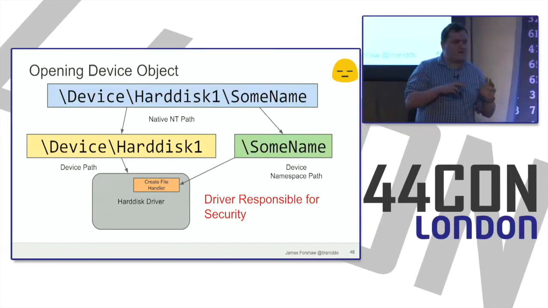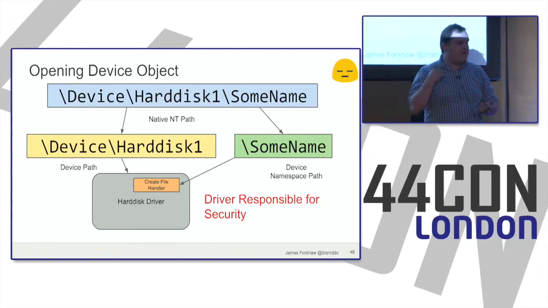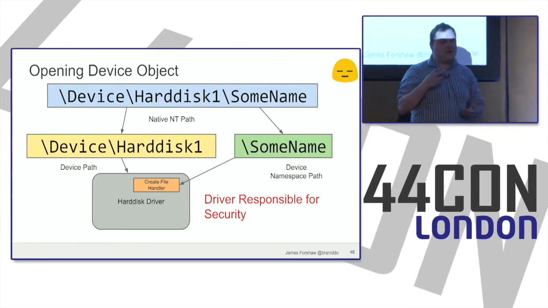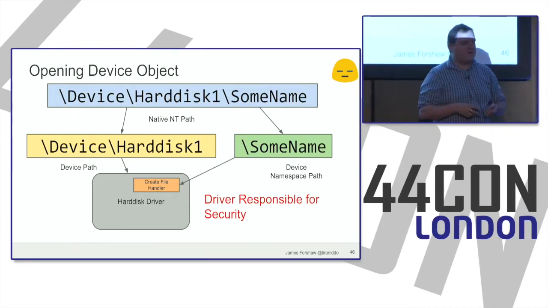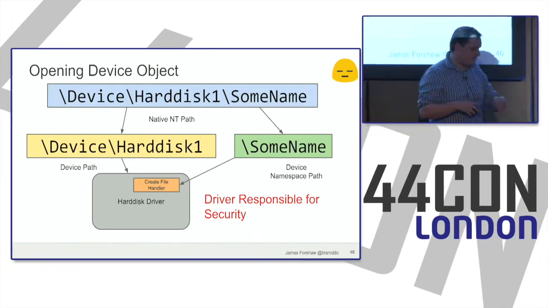But if you put a special name after the driver name, it treats it as something called a driver namespace, and it will bypass any security checks. It's the responsibility of the driver to verify that security. Well, that's not strictly true. There is a flag you can set, but by default, you can bypass that. So it increases the attack surface. So it would be lovely to change the root object directory and prevent people ever being able to access any device whatsoever, regardless of context.